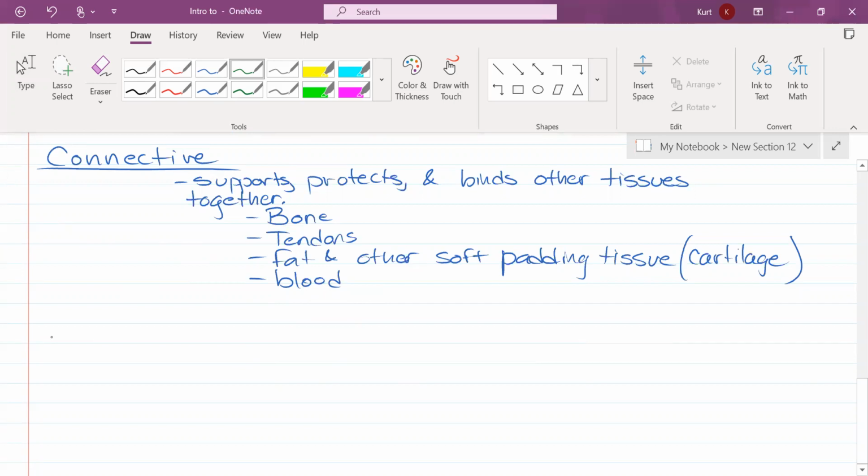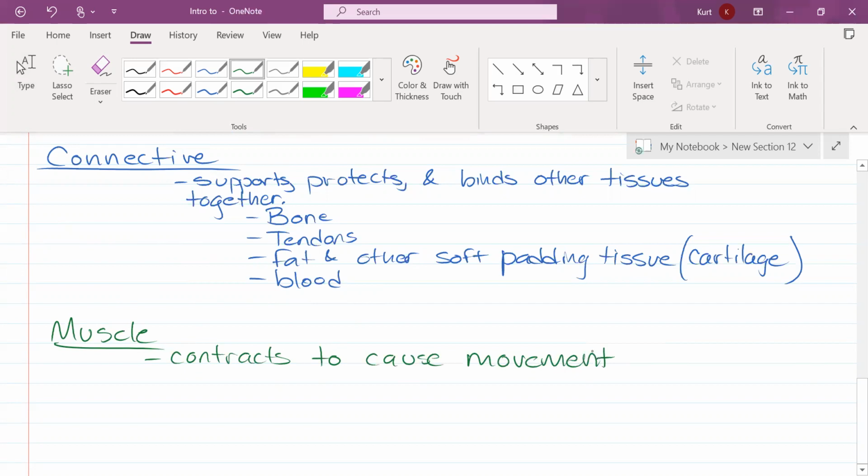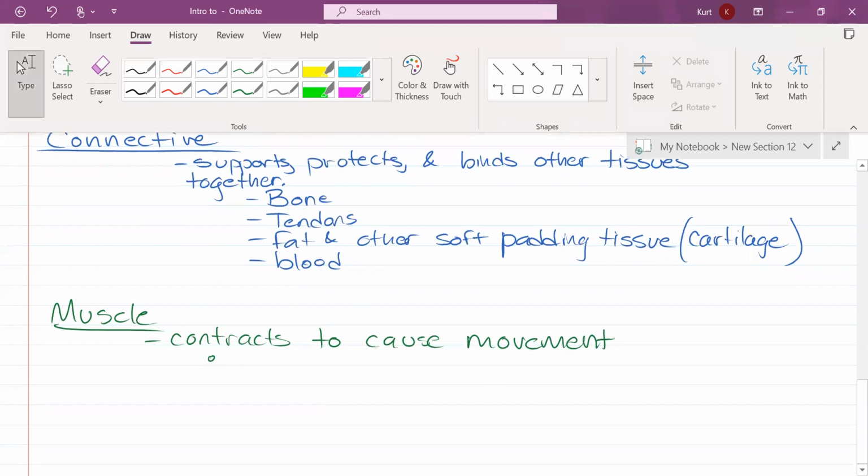The third one is muscle tissue. Muscle tissue contracts to cause movement. There are three types of muscle.